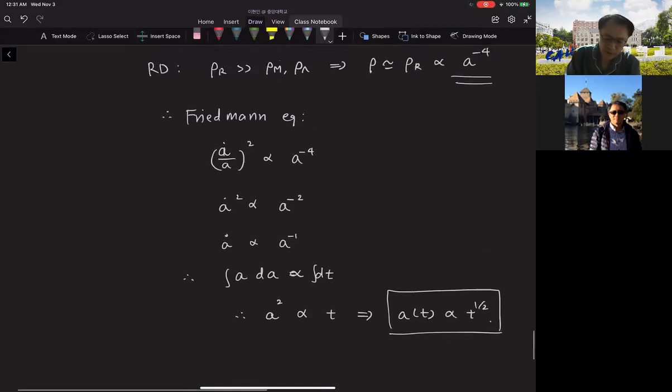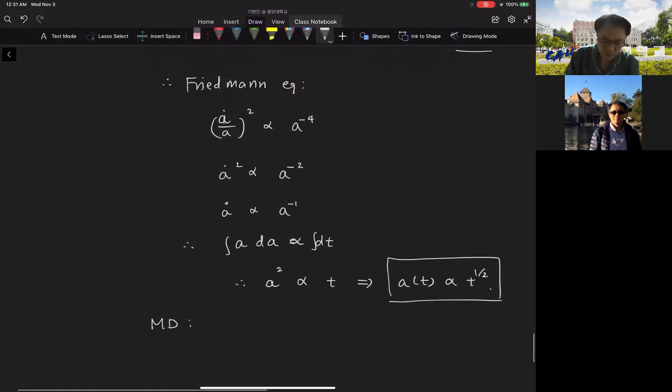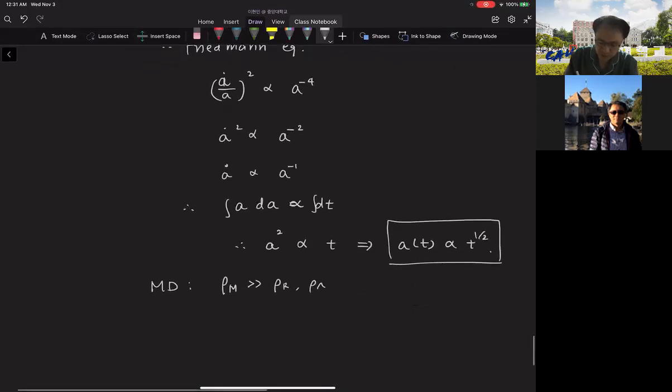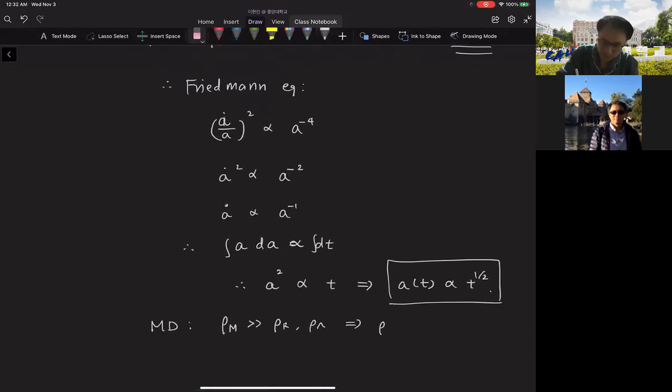Similarly, you can obtain a similar result for when matter dominates. So matter dominates, much greater than the other two, right? And then the total energy density is approximated by the one for matter, which scales as A to the minus 3.